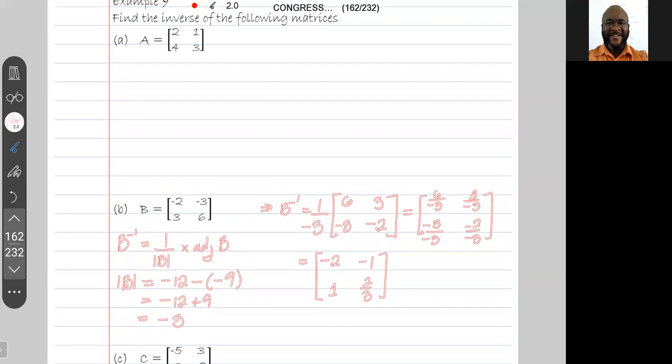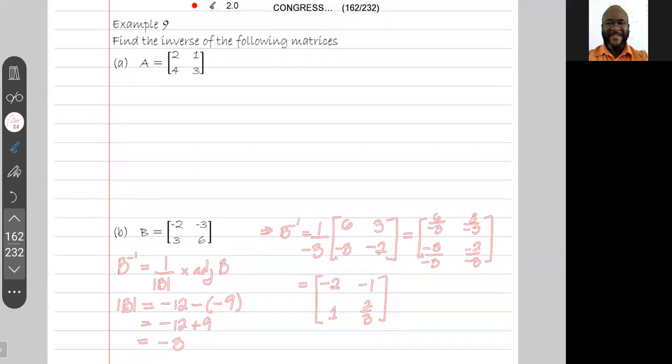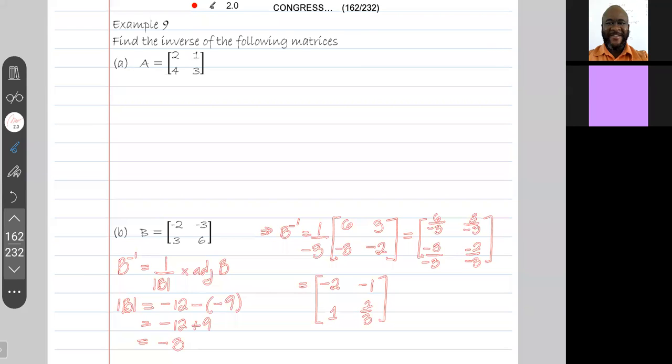Very quickly, I want you now to find A inverse and also C inverse. So we're to find the inverse of the following matrix. So A inverse is 1 over the determinant of A times adjoint A. Now, the determinant of A is 2 times 3 is 6, minus 1 times 4, 4.